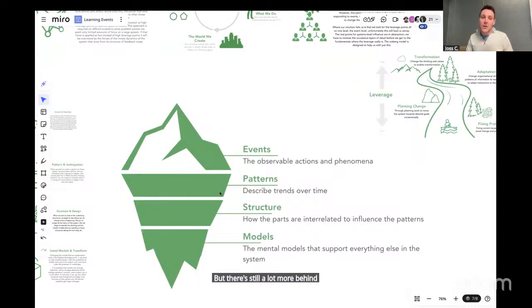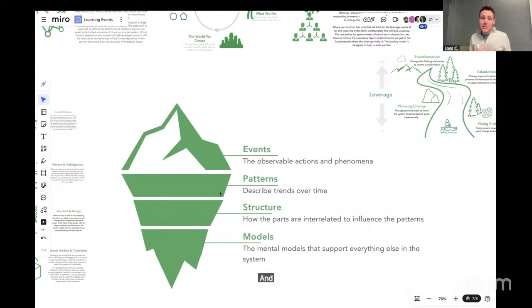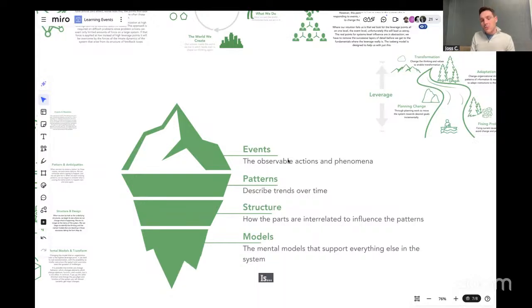Actually, behind that is a whole supply chain of petroleum moving around our planet. And maybe that's changing or evolving over time. We haven't really seen the structure of that, but it's obviously influencing the patterns and events and so forth. And behind all that is the mental model.